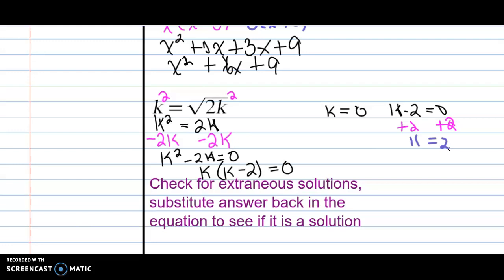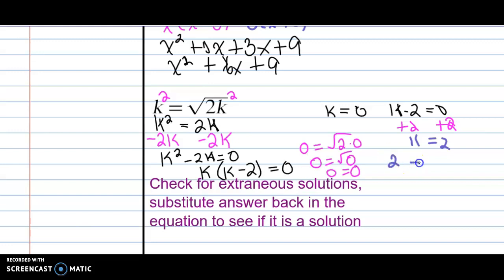So if I plug in k equals 0, I'm going to end up with 0 is equal to the radical of 2 times 0. And that's just 0. 2 times 0 is 0. Radical 0 is 0. So is 0 a solution? Yes, because I get what the equation states. Let's look at the next case where k is equal to 2.